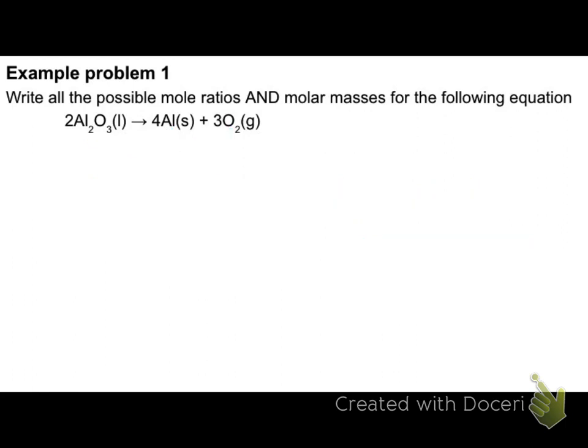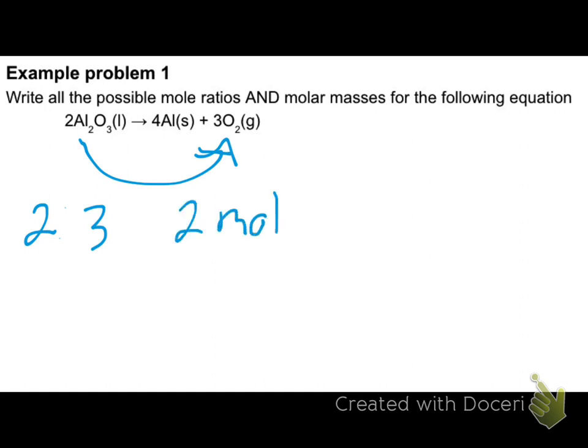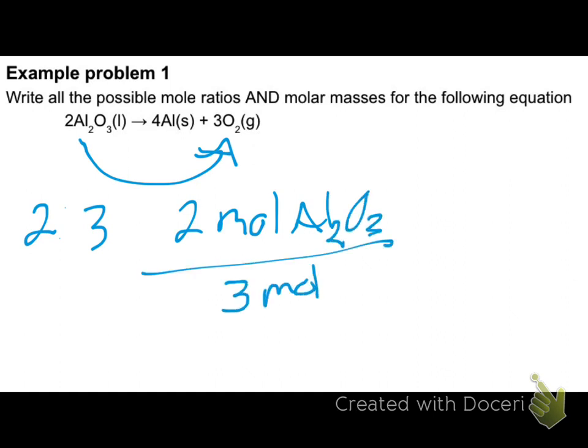Then if we wanted to do oxygen, then the ratio would be 2 to 3, and that does not reduce. So then you could again write out 2 moles of aluminum oxide to 3 moles of oxygen. And you could flip it and do it the other way as well.